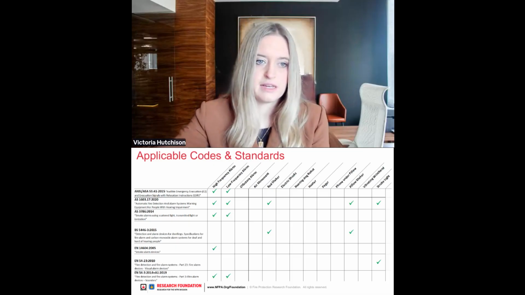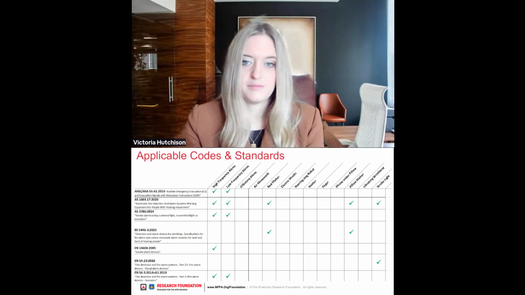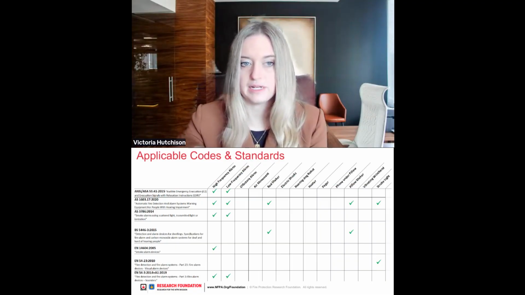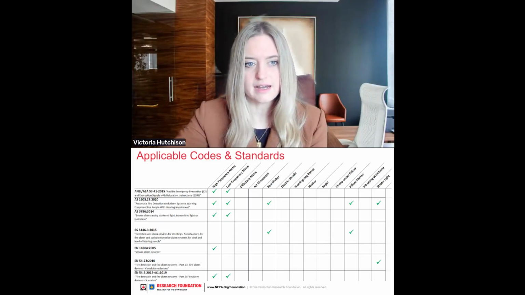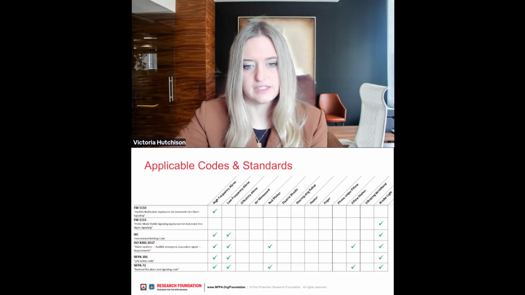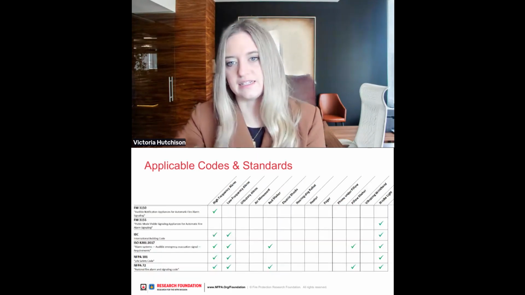AS 1603 covers high and low frequency alarms, bed shakers, pillow shakers, and strobe lights, so that's a bit unique. I'll just scroll through these so you can see, but I won't go into the details here.